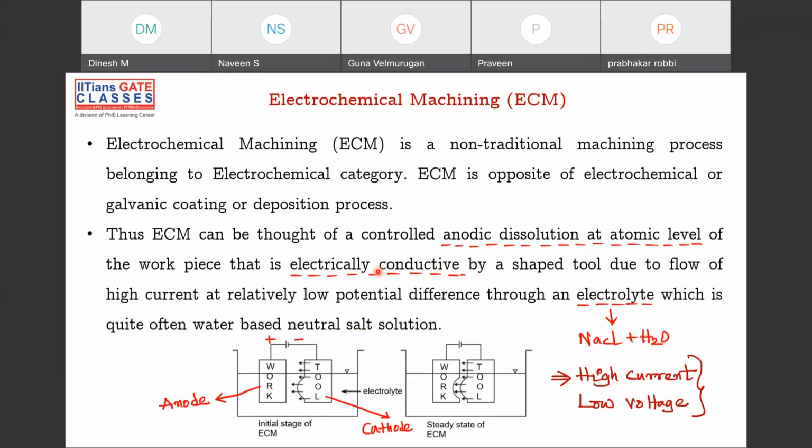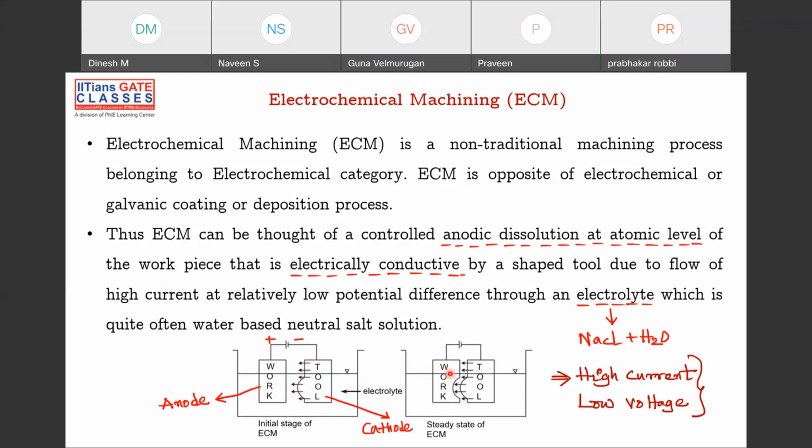What is happening here? Let's see the diagram. In this diagram, there's a workpiece and there is a tool, and the tool has a different shape, and you want to have that kind of shape impinged onto this workpiece. This is what you want to achieve at the end. The right hand side figure is what you want to achieve at the end.